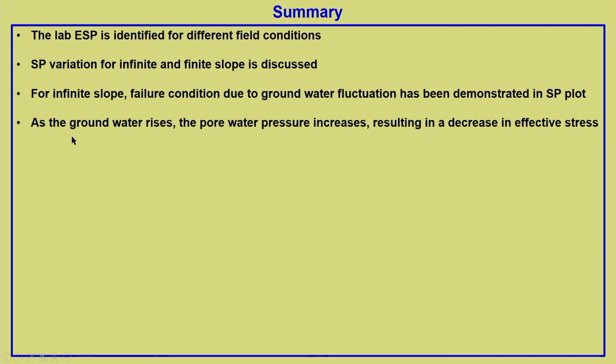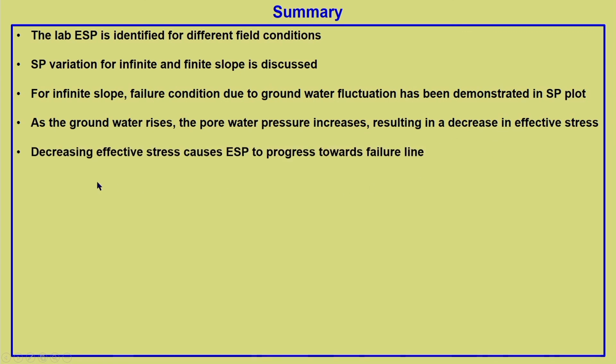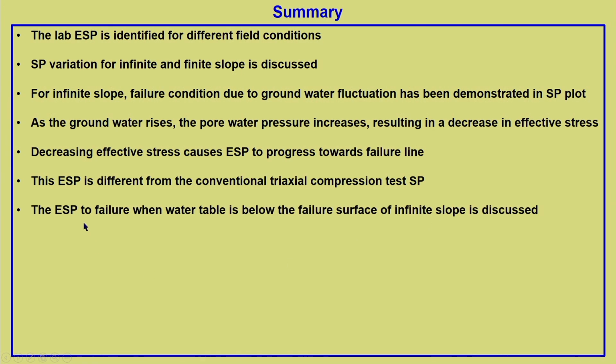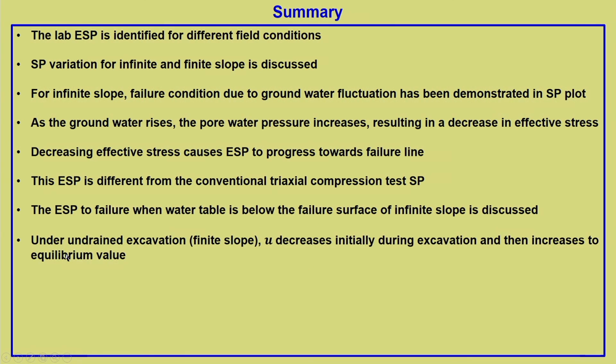We have seen that as the groundwater rises, the pore water pressure increases, resulting in a decrease in effective stress, and that causes the ESP to progress towards the failure line. This ESP is different from the conventional triaxial compression test stress path, and we have already seen that in this lecture. The ESP to failure when the water table is below the failure surface of an infinite slope is discussed.